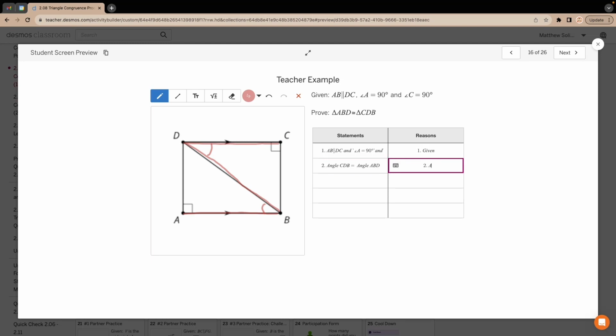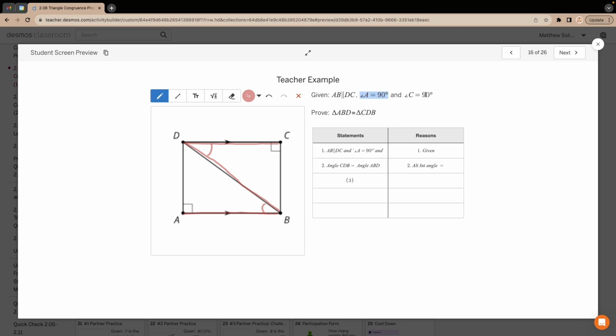And how I know is the alternate interior angles are congruent. And you could abbreviate, it's totally fine. Alternate interior angles are congruent, right? So those are equal angles. All right, I got 1 pair of angles equal. Let's keep going. Remember, I need 3 things. That's 1. Let's go to step number 3.